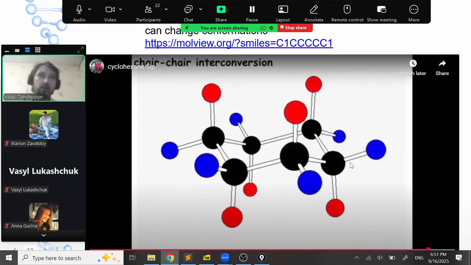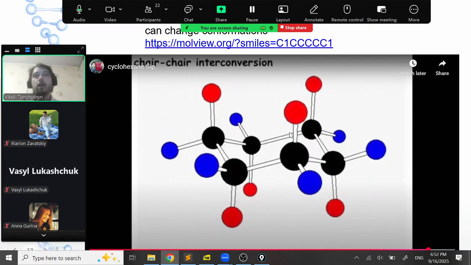Well, it's maybe no big difference while these are hydrogens, but if you substitute them for some sort of functional groups, that will make a difference. So some chemical reactions will go only if the group is in axial or in equatorial position.